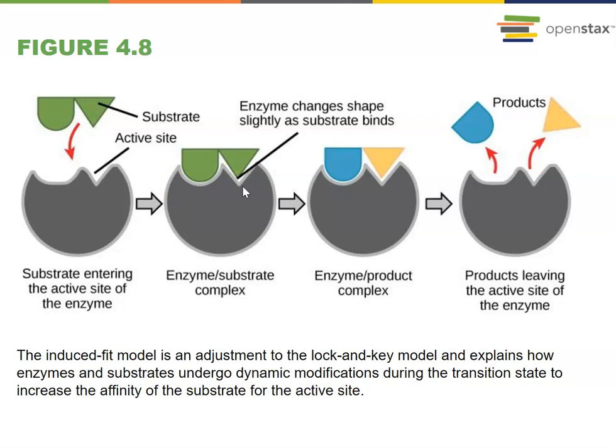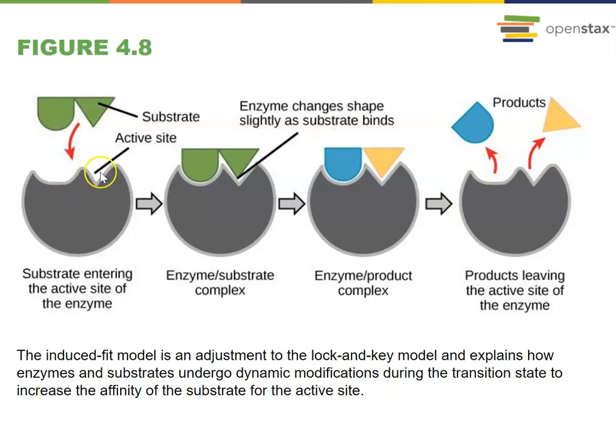Not as important. But then here we have the enzyme-substrate complex, and then the enzyme helps to change this into its final form, and it becomes the enzyme-product complex, and then the products exit the enzyme, and the enzyme goes back to its original shape. So what happened here?